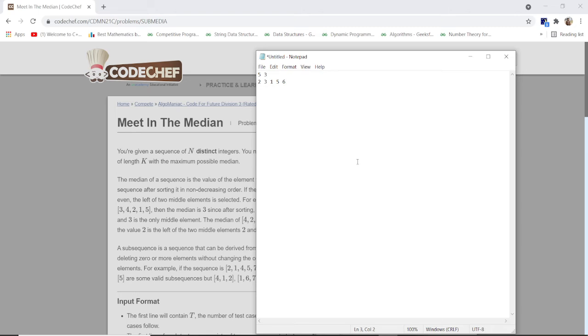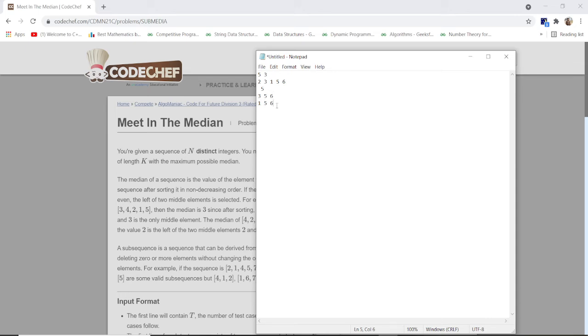According to the question, I have to print the maximum median value and the subsequence. The subsequence here could be 5, 6. I can also take 1, 5, 6. The maximum median value will not change in this case. It will also be 5. So according to the question, I can take several subsequences here, but the maximum will remain the same. So I hope you guys get the point.